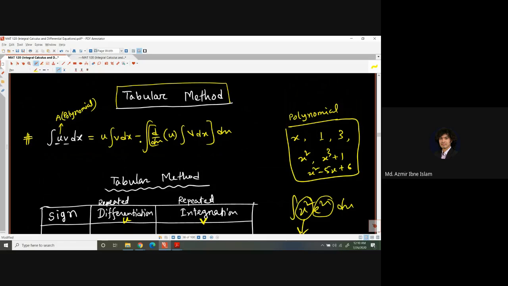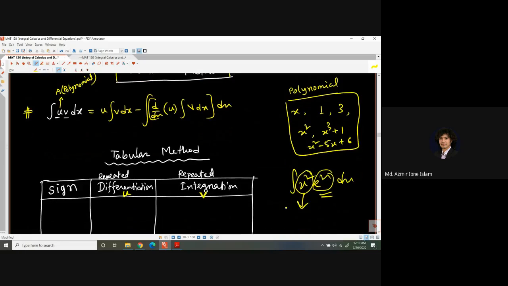If we apply the tabular method for these problems, we will get the solution easily. That will be a speedy process. So instead of using integration by parts, we can also apply the tabular method.